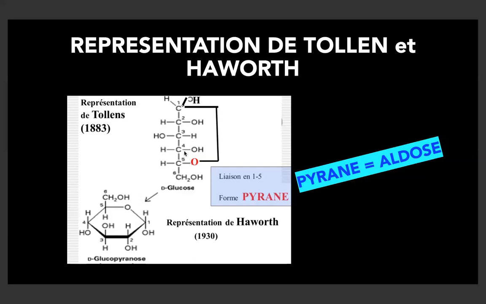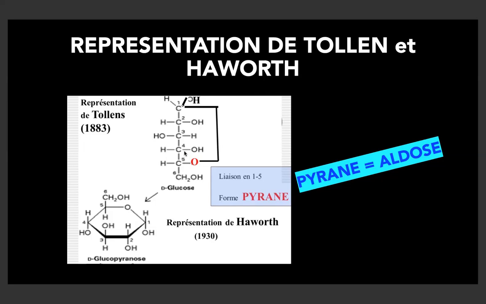So for representation, the Tollens, don't worry, I'll take note of the question. When we look at stereochemistry and chirality, I'll bring it back and explain why Tollens and Fischer differ. It's because of the asymmetric carbon, which defines the chirality of different compounds. So in this case, glucose molecules, or glucides, also have asymmetric carbons.